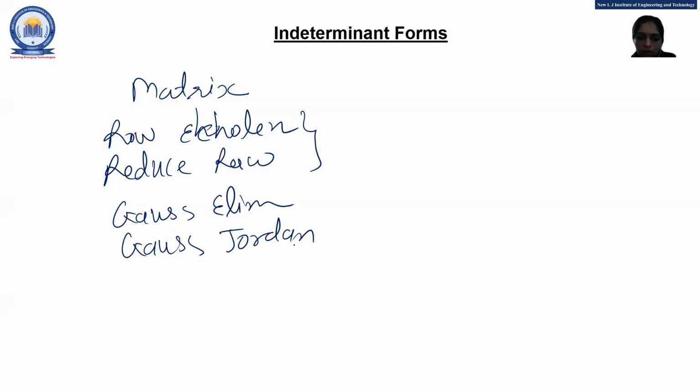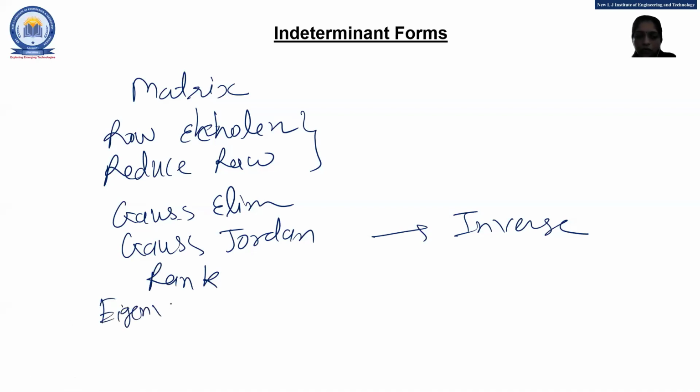With the help of the Gauss Jordan, you may find inverse also. The next one is, with the help of the Gauss elimination and Gauss Jordan, you find rank, right? Then eigenvalue, eigenvector.